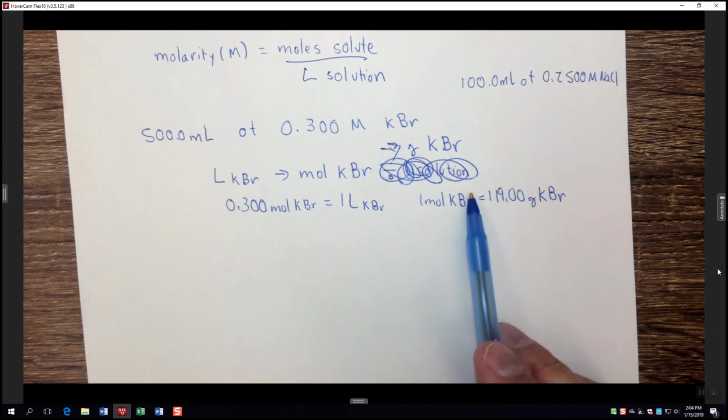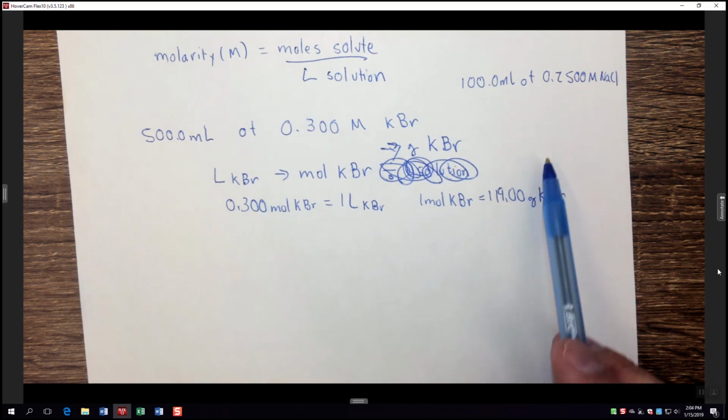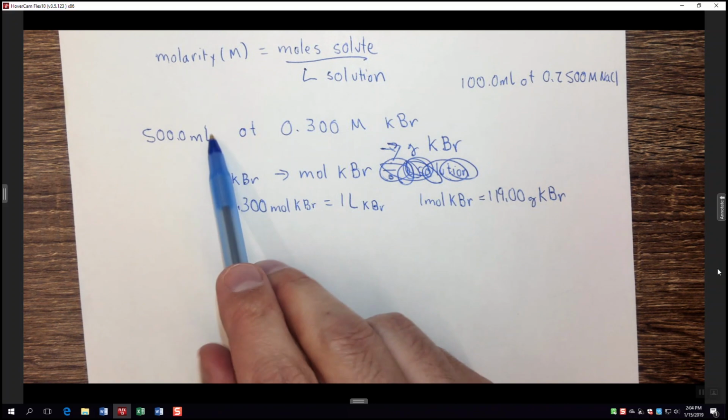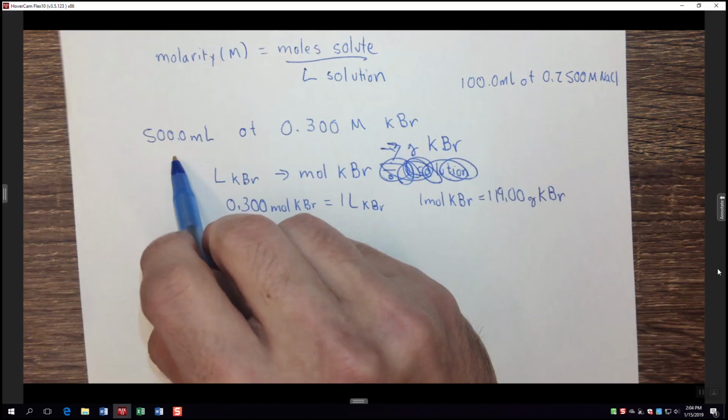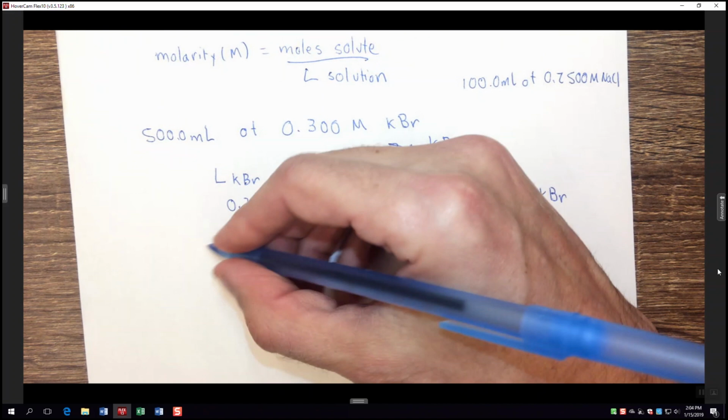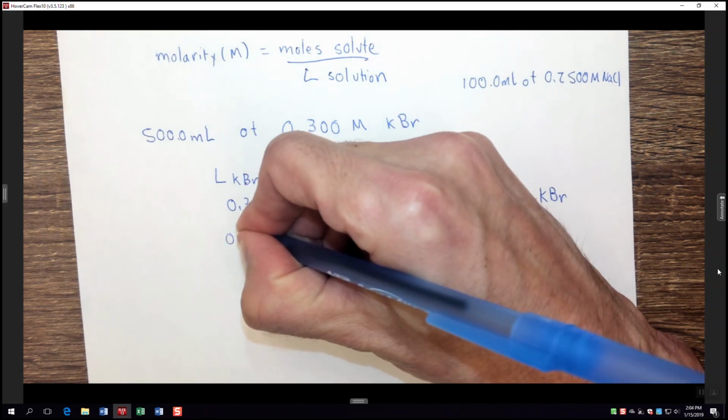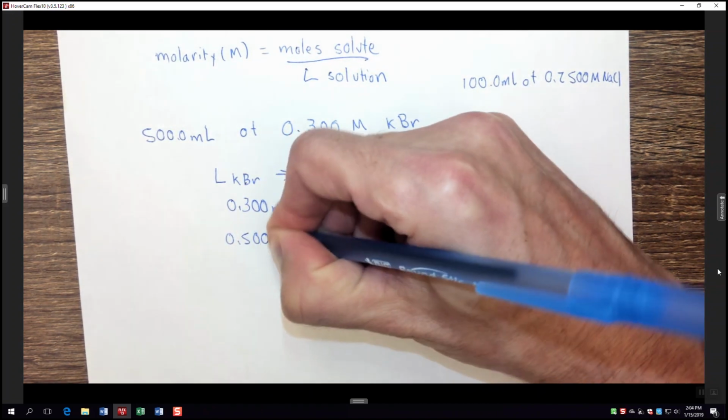So when I do these conversions, I use dimensional analysis, and when I do dimensional analysis, I like to start with a plan of attack. So in my case, I want to convert not from milliliters, but from liters, because molarity is moles per liter.